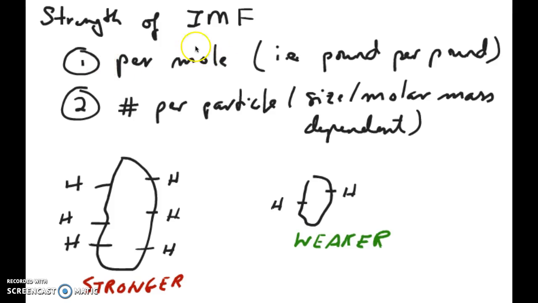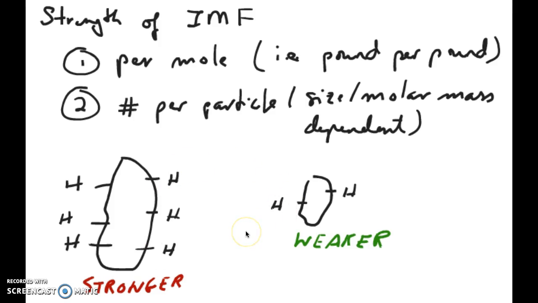Now, that would be true if we're normalizing that strength to per mole basis. But if we're talking about particles of different sizes, then the ones that clearly have more hydrogen bonds would display a stronger interaction.